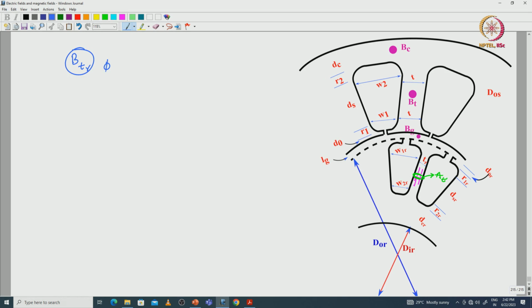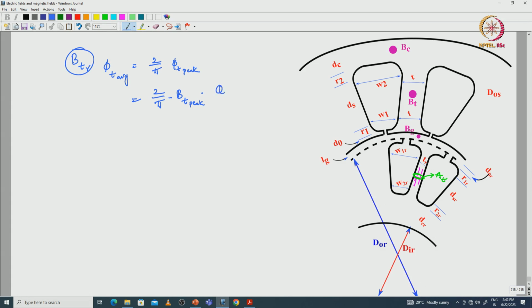For that, first we have to consider the flux at the teeth average with respect to pole is equal to 2 by pi phi t peak. 2 by pi phi t peak is nothing but B into A. B is nothing but flux density at the teeth peak value, into area, which is AT.